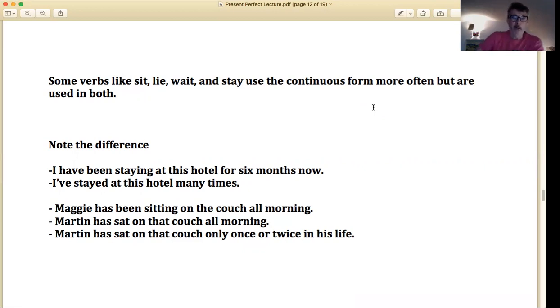So here's the difference that I like to bring out. I've been staying at this hotel for 6 months now. So have been staying, that is present perfect continuous. And what does that mean if we think about it?